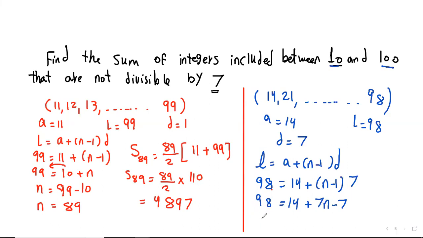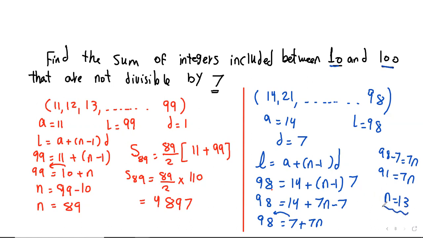So 98 equals 7 plus 7N. Then move 7 to the other side: 98 minus 7 equals 7N. So 91 equals 7N, divided by 7. So N equals 13.